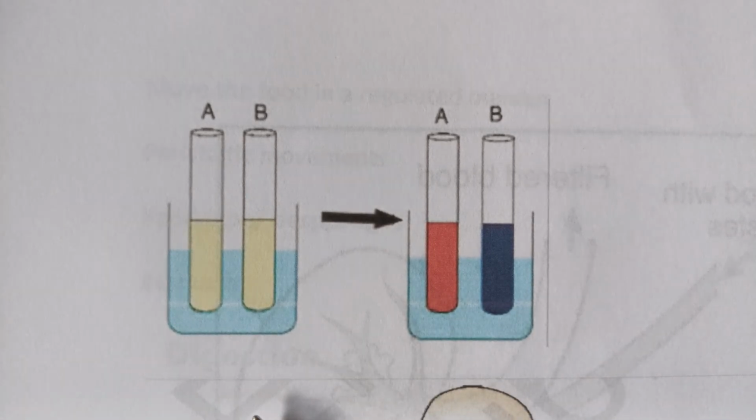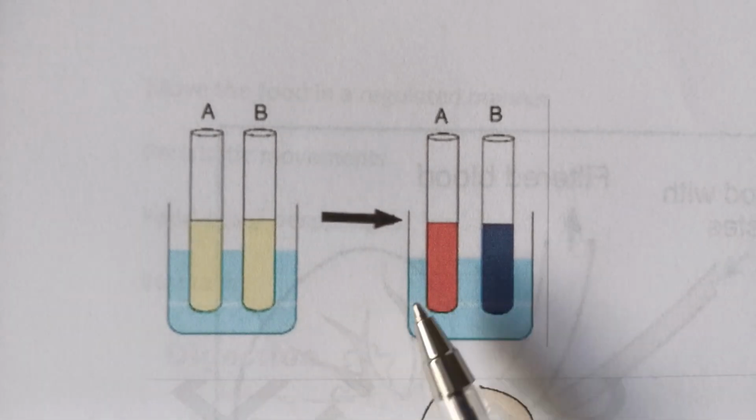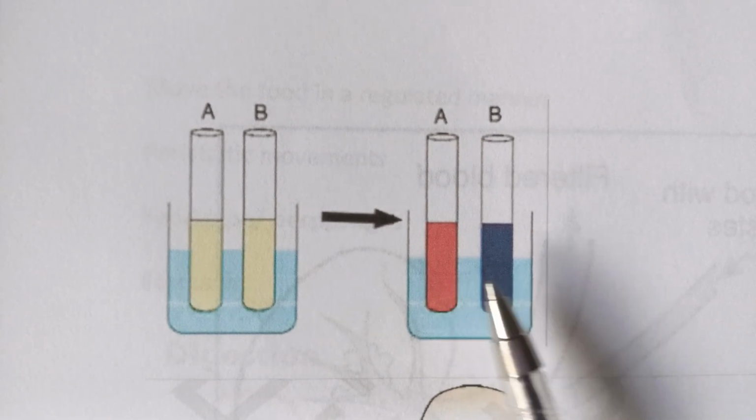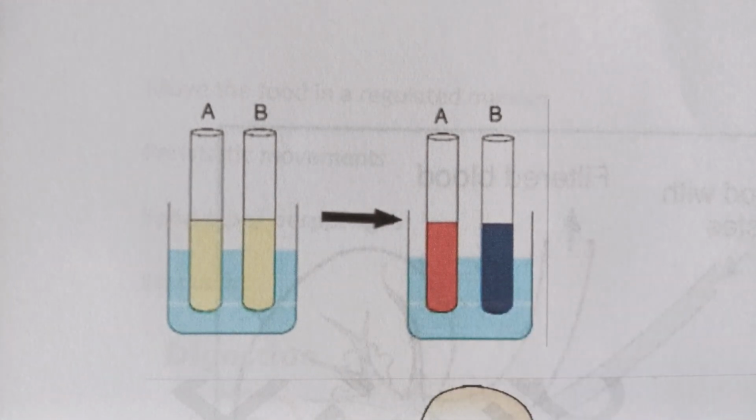The answer lies in the fact that saliva has chemical substances that are biological catalysts, enzymes. They break down the starch, and there's no more starch left here. That's why this has turned red, and where the starch is present, test tube B has turned blue because of the presence of starch.